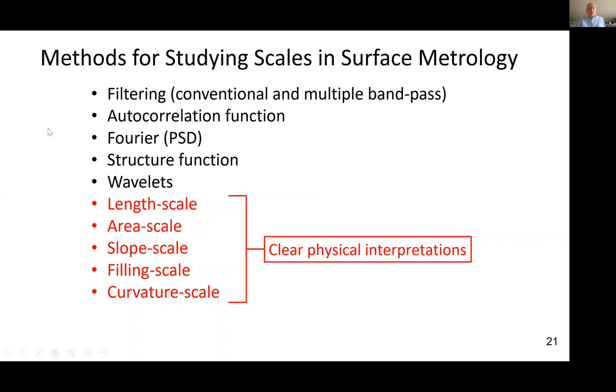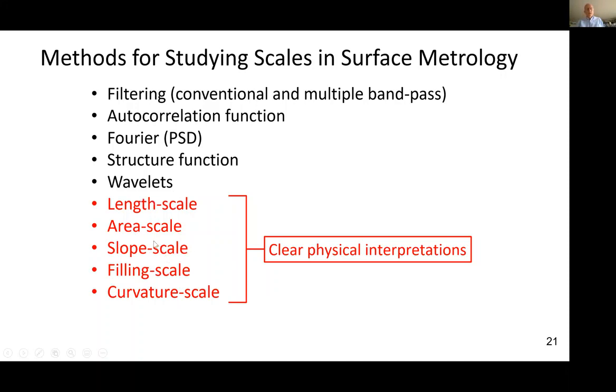The autocorrelation function, Fourier's structure function, and wavelets are all ways that we get from mathematics, and they're convenient because they're included in lots of software packages. So there's really no sweat. You just take your measured data and put it into some mathematical package, and you can put this stuff out. The things that these are lacking are clear physical interpretations. So these are all largely developed at WPI.